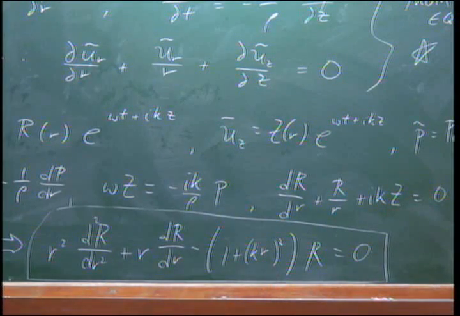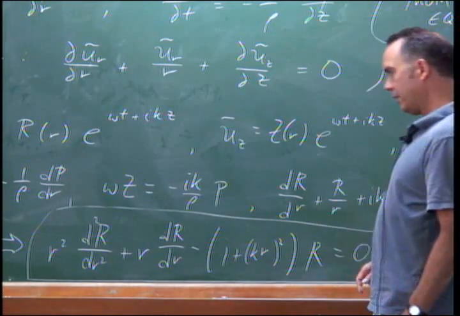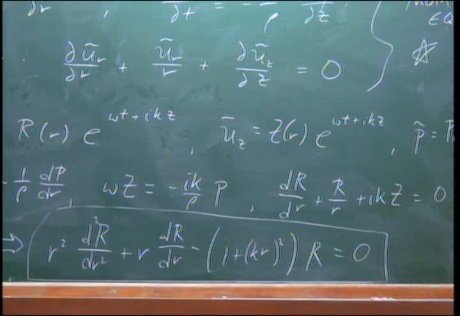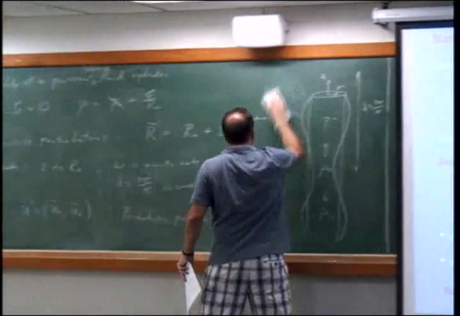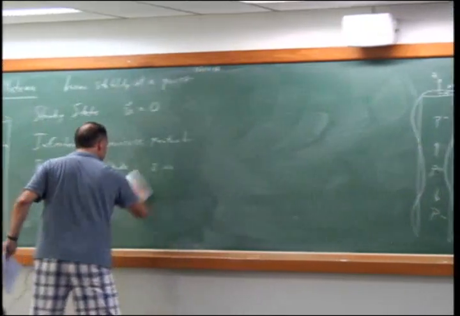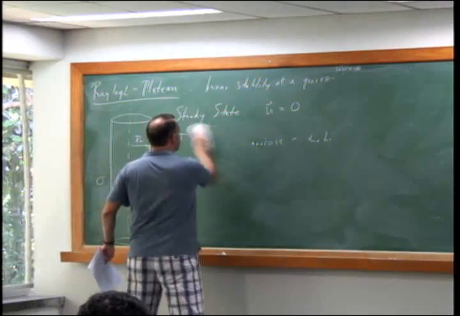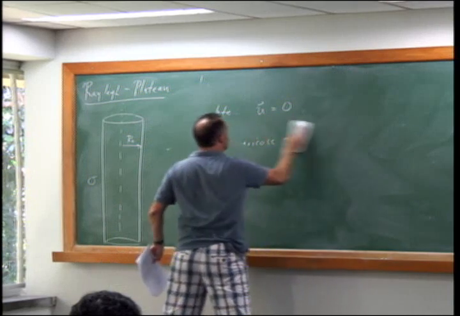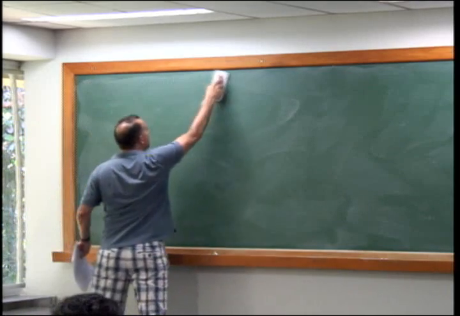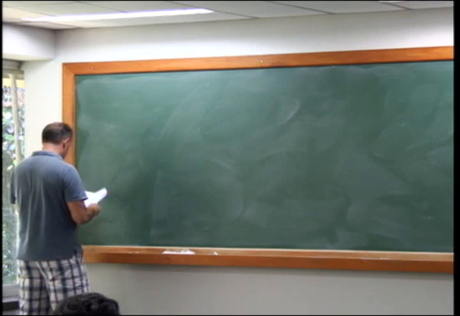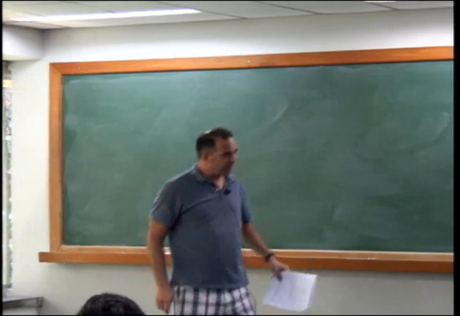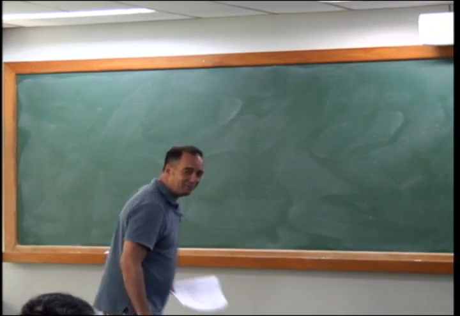Once we've got R, we can calculate P from R and Z from P. Okay, so this is a modified Bessel equation. Look familiar?